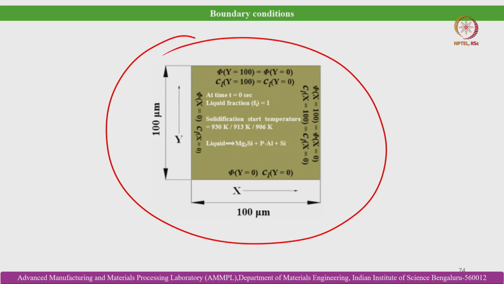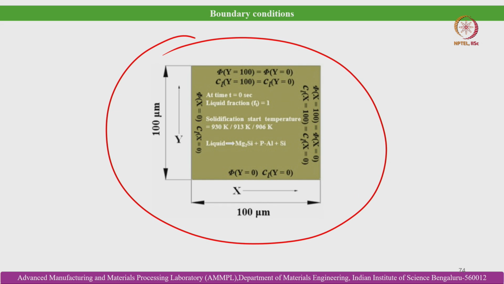So, this is basically the typical 2D simulation domain that has been considered. You can see a square of 100 cross 100 micrometer domain, which is of course a micro domain, because we are talking about microstructure evolution simulation here using the developed phase field model.